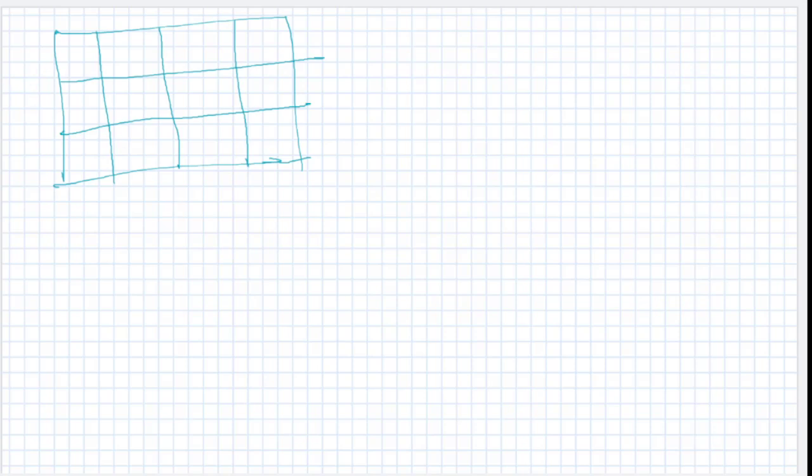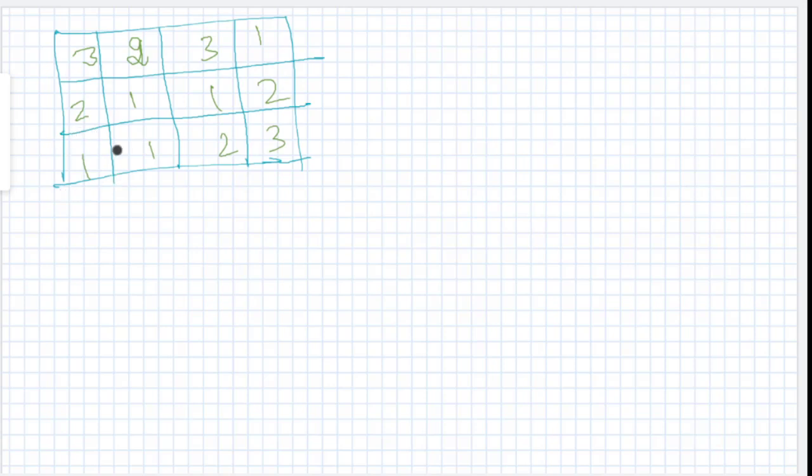3 1 3 1. Let's give this 2 1 1 2 1 1 2 3. This is not sorted yet, so let's make this a 2. Now see, this is your matrix. Let's look at the diagonals.